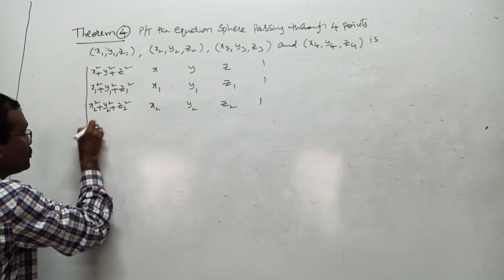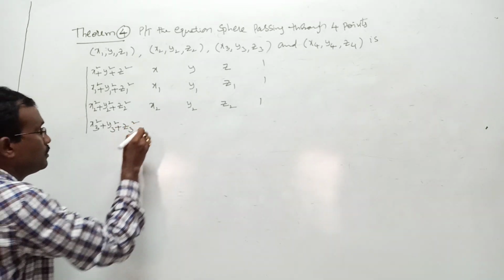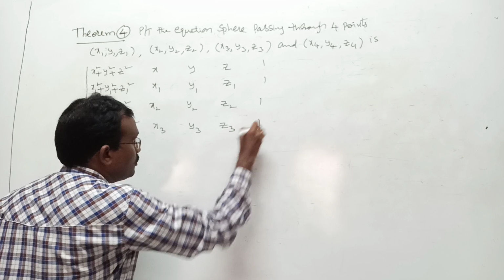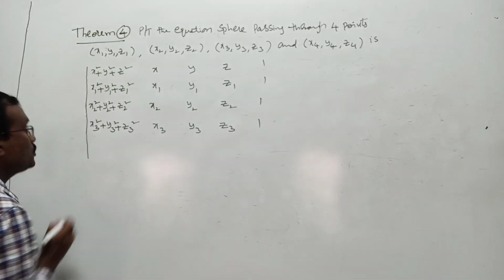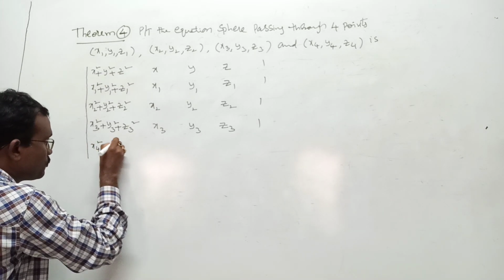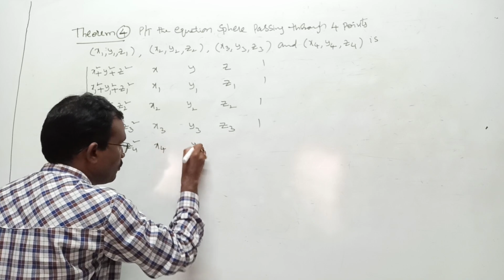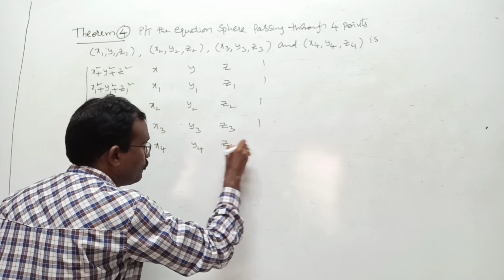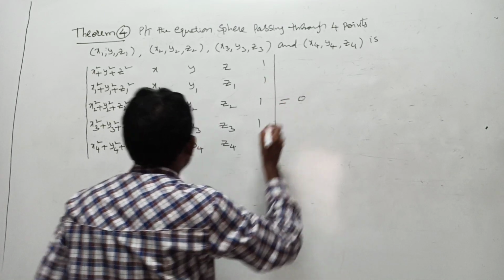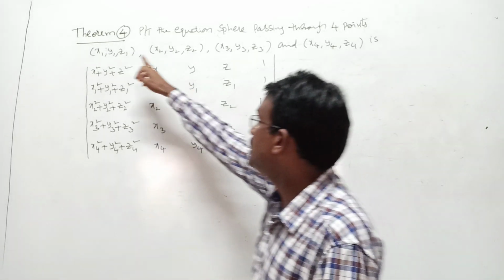Next, x3 square plus y3 square plus z3 square, x3, y3, z3, 1. And last row is x4 square plus y4 square plus z4 square, x4, y4, z4, 1. This matrix determinant taken as 0, you get one sphere which is passing through these 4 points.